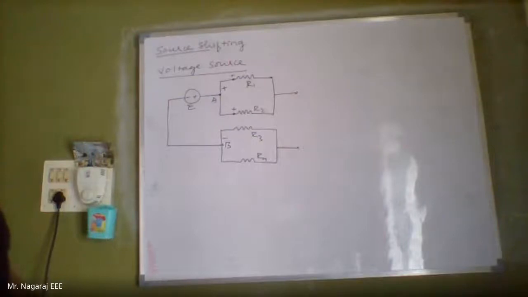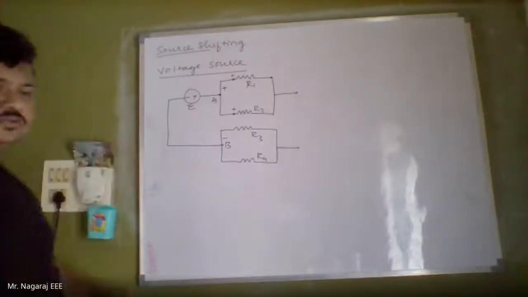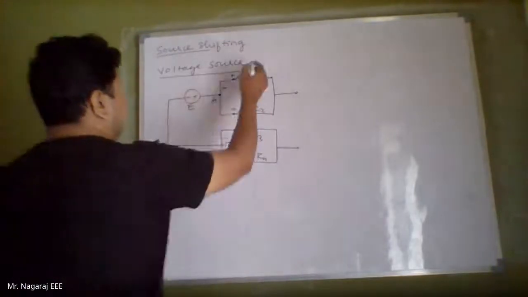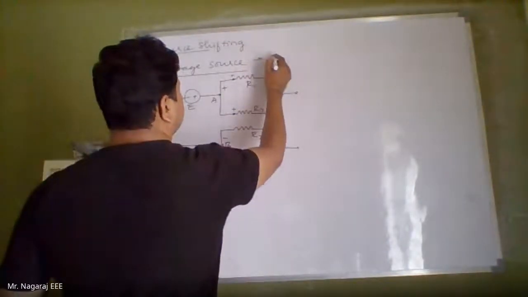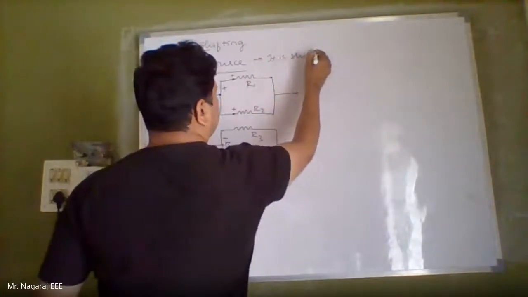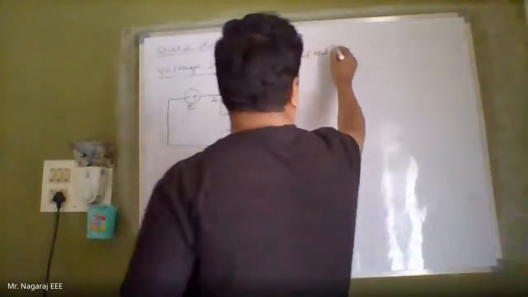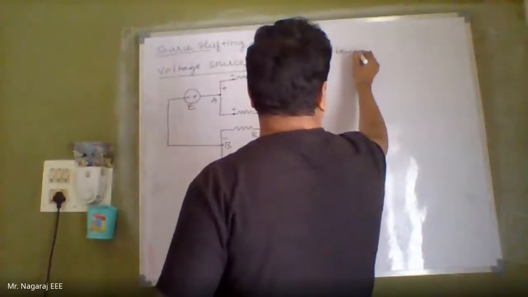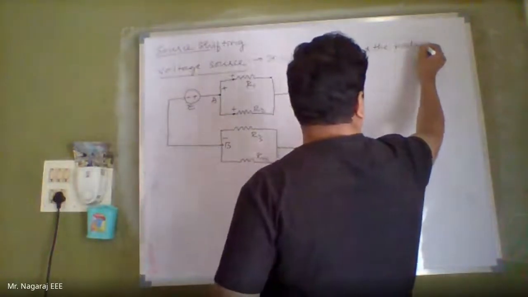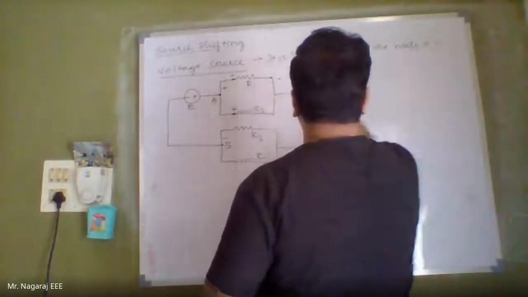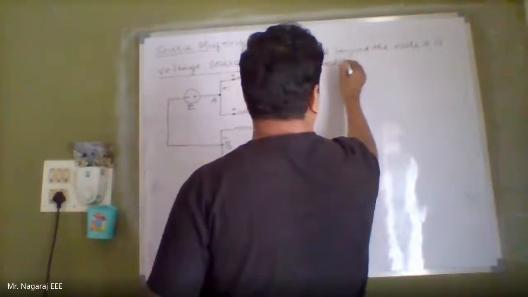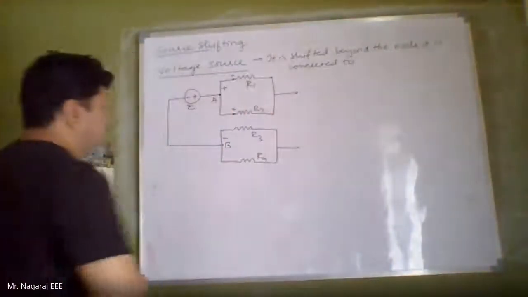Whenever I shift the voltage source, it is shifted beyond the node it is connected to.